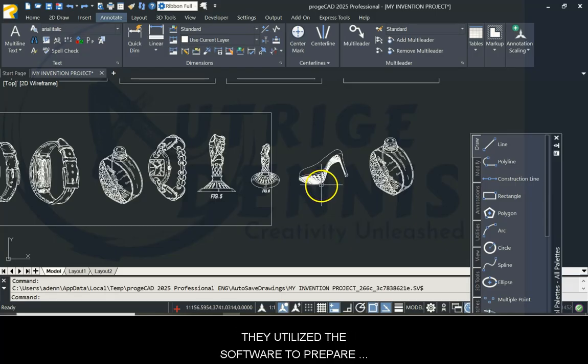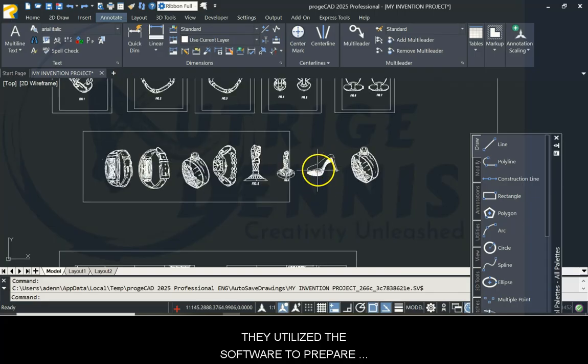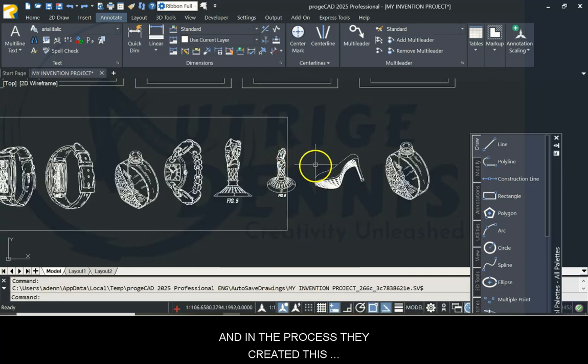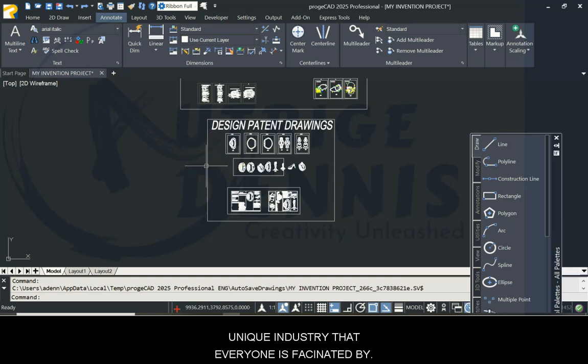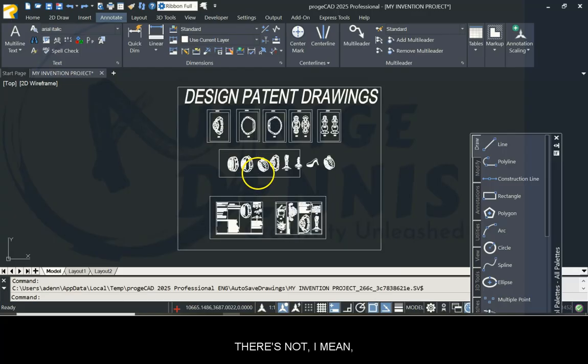They utilize the software to prepare drawings in a way that is necessary to comply with the patent office requirements. And in the process, they created this unique industry that everyone is fascinated by. Besides this course, I don't think there's any patent drawing course out there.